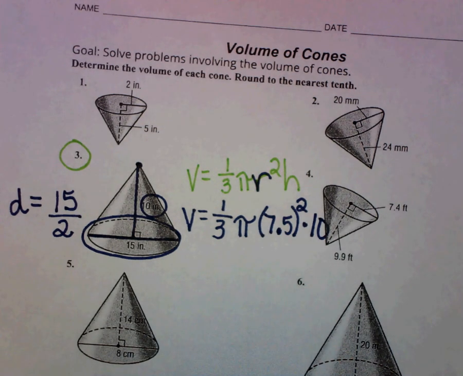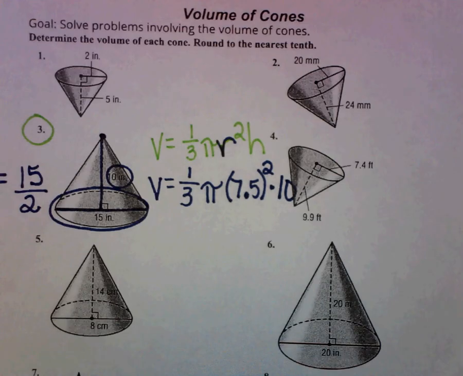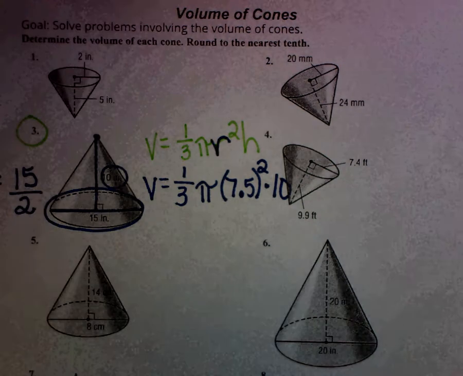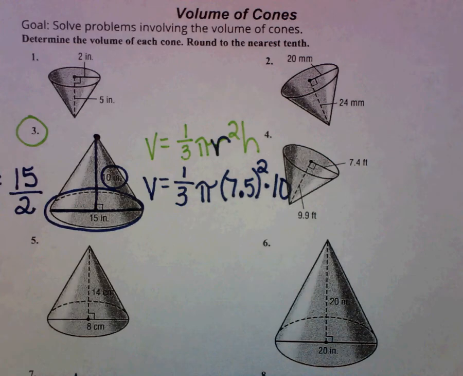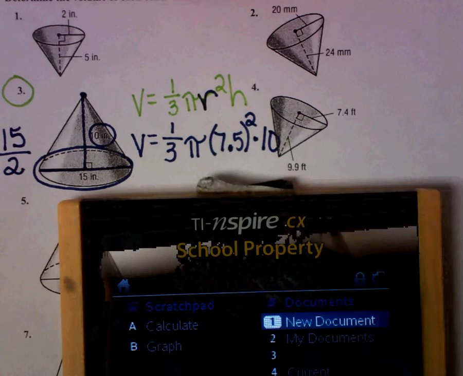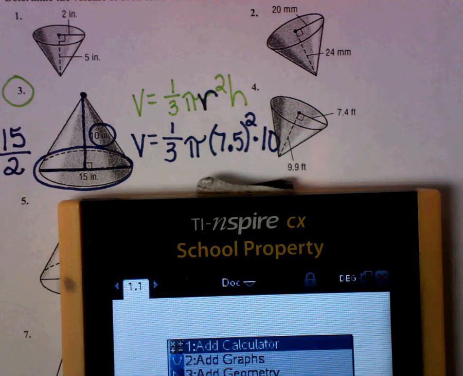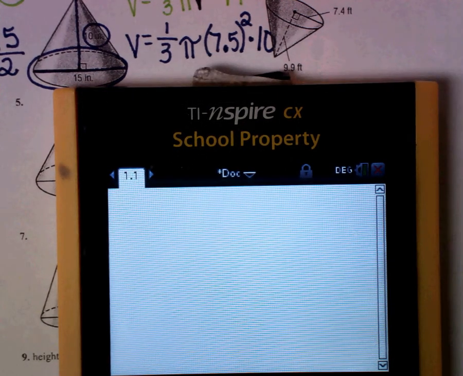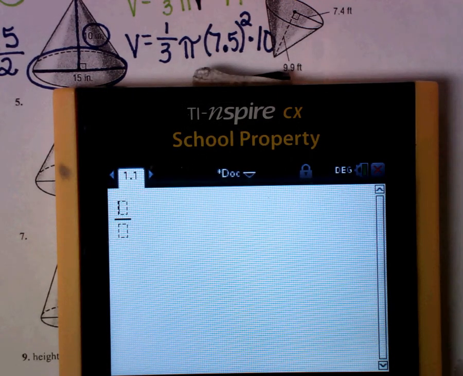Now, really important: we can do parts of this formula and calculate it, but you can also put it in all at once, and I really want us to practice doing that. I'm going to add a calculator page. I'm going to do Control Divide to put in my fraction of 1/3.